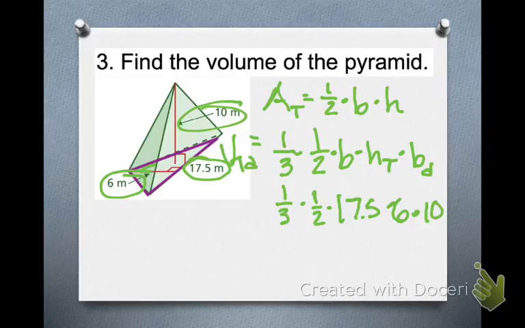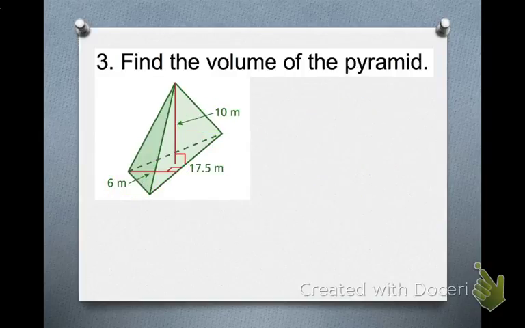So take a second and type that into your calculators. All right, when I type that into my calculator, I get 175 meters cubed. Again, remember, volume, we're always going to be working in a 3-dimensional space. We're filling it all the way up, so our units are going to be cubed.